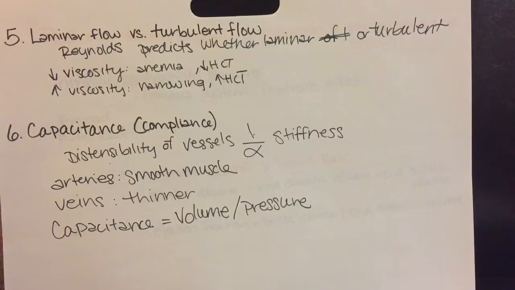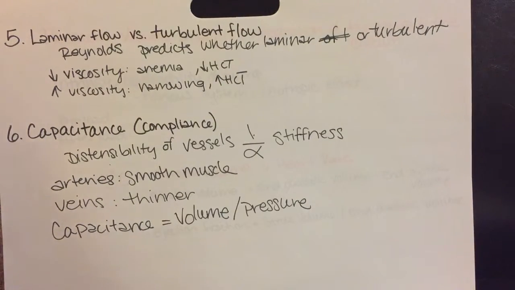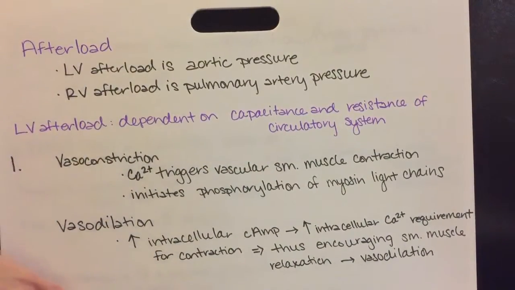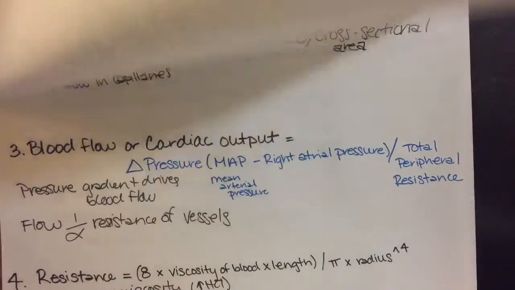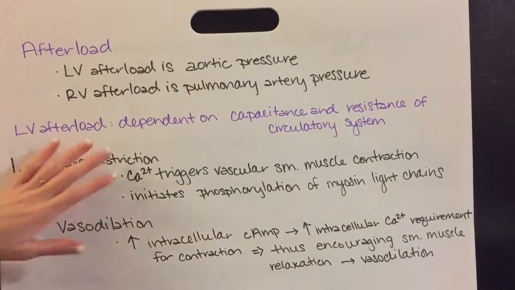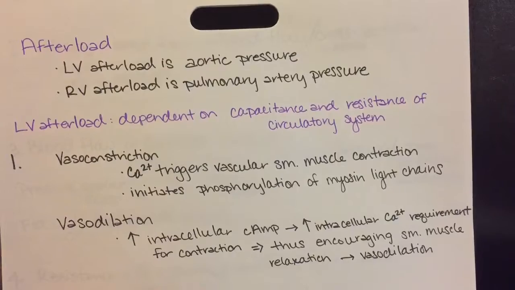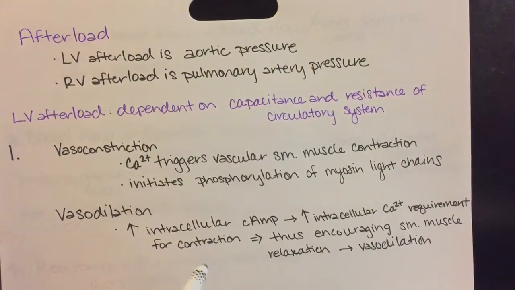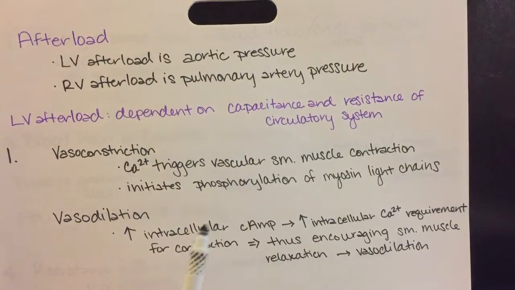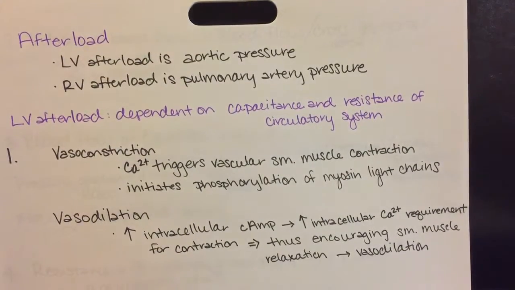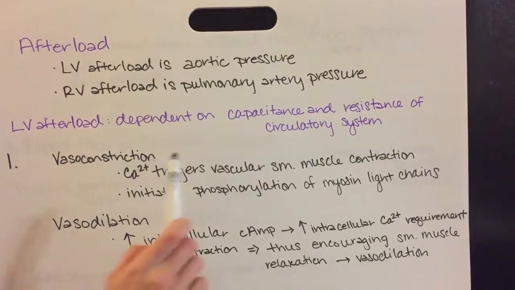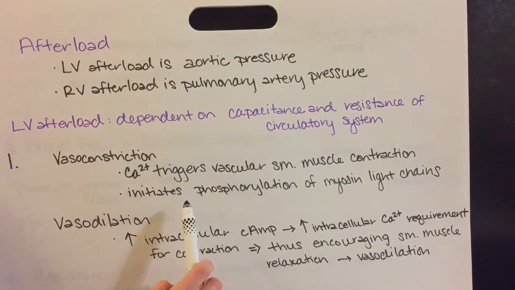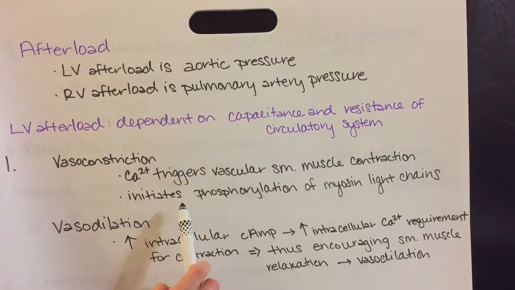If you're thinking about this and how it relates to preload altogether, you just have to put it together into afterload altogether. You just have to think of it as all the different components that can affect the pressure for the left ventricle as it's pumping out to the systemic system. If your arteries are vasoconstricted, you're going to have a smaller diameter, which is going to increase your pressure.